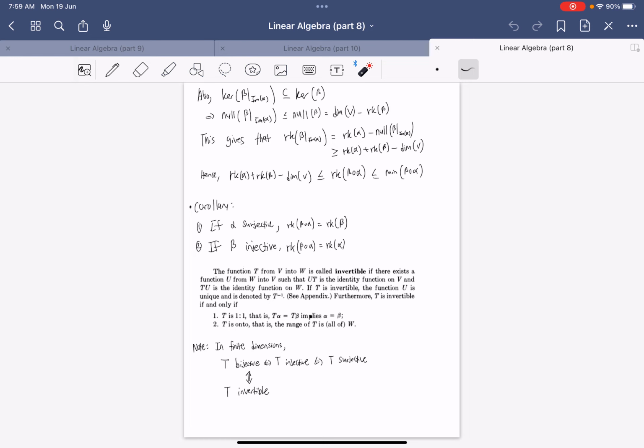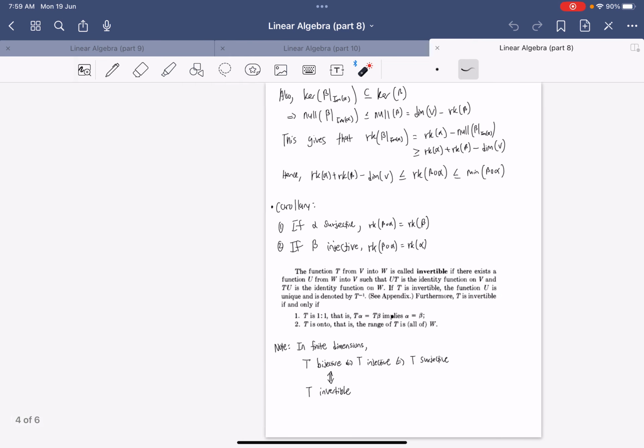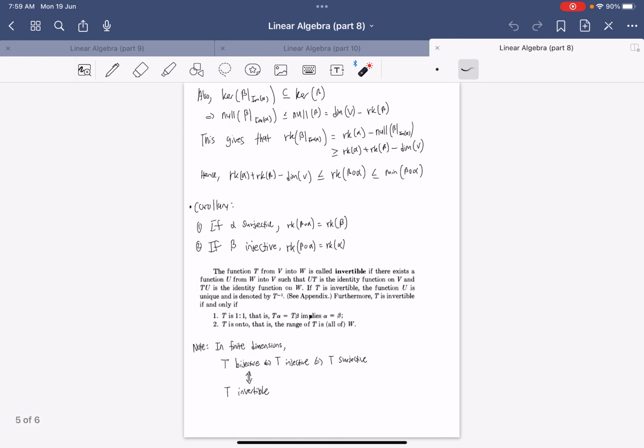We can furthermore state that it is invertible if and only if it's one-to-one and onto, and so in finite dimension, saying that it's invertible is the same as saying that it's injective, or the same as saying that it's surjective, instead of showing that it's both, because they are equivalent.